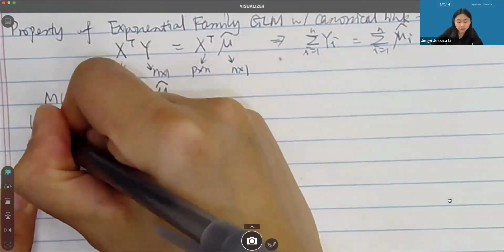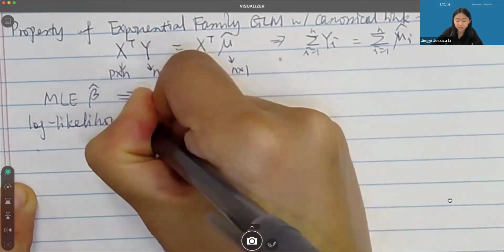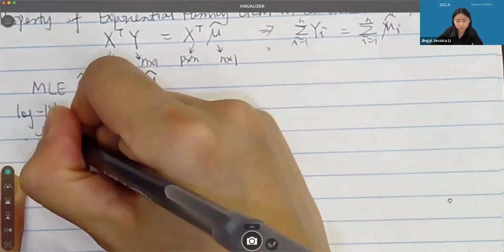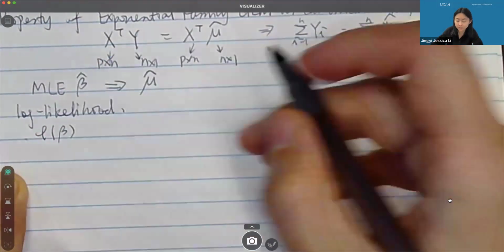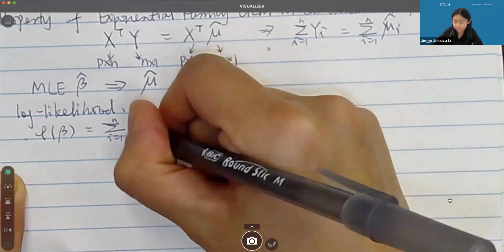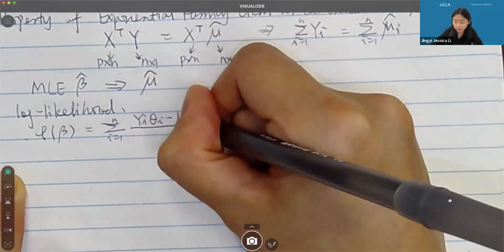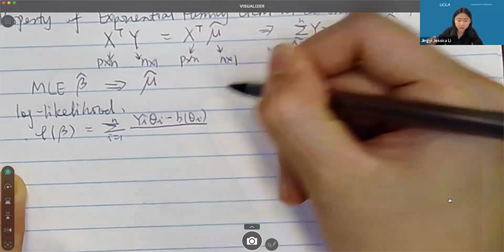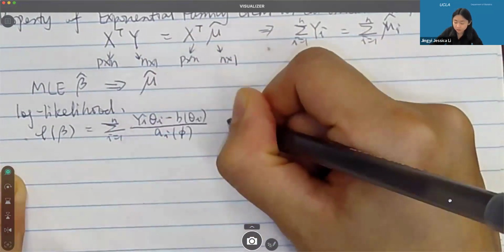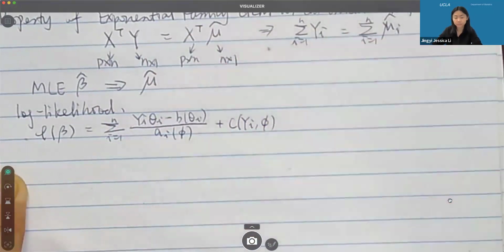So look at the log likelihood again. We write this small l, the log likelihood at beta, which is a sum from i equals 1 to n of (yi theta i minus b theta i) over a i phi, plus c yi phi. That's the exponential family density function we gave you.